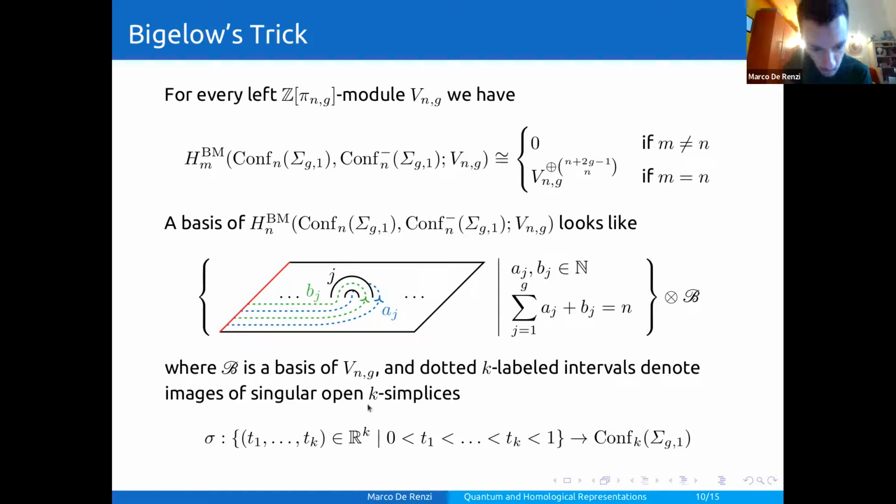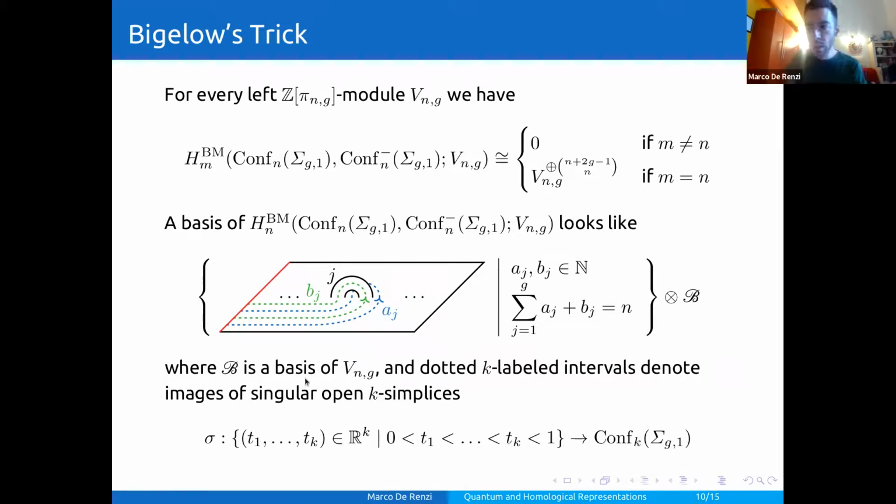And the way to understand an interval as a k-simplex is by looking at this specific parameterization of a standard k-dimensional simplex. A k-dimensional simplex can be identified with a subset of R^k, that is, k-tuples of real numbers between 0 and 1, which are ordered in this way.